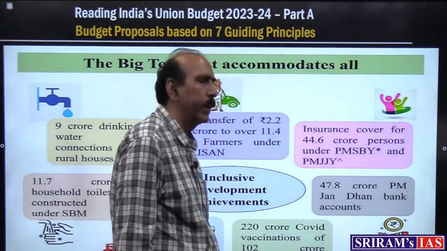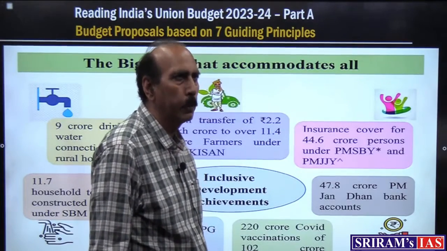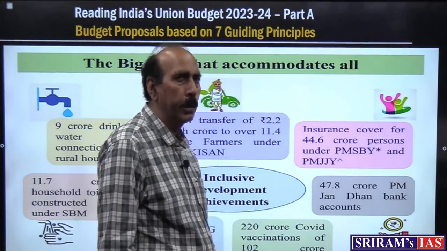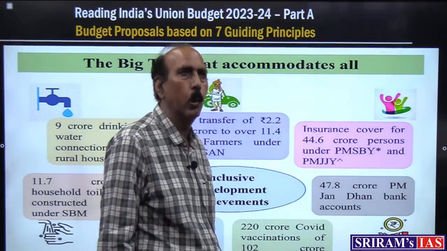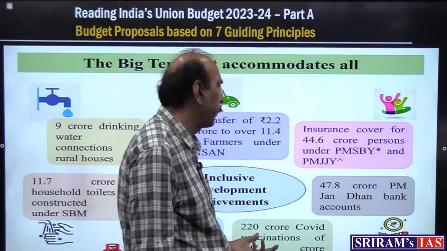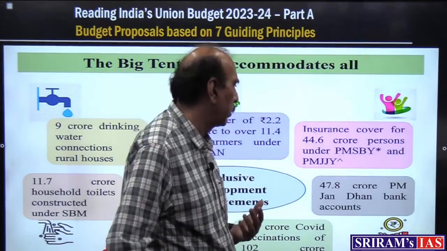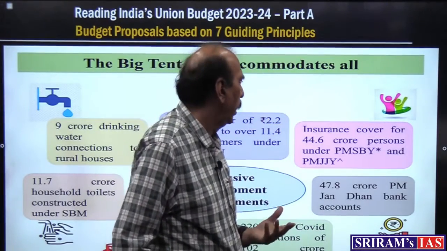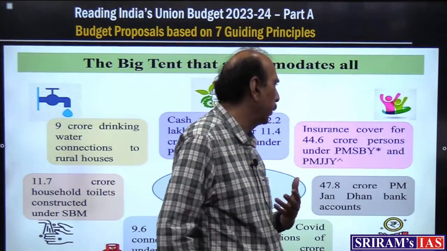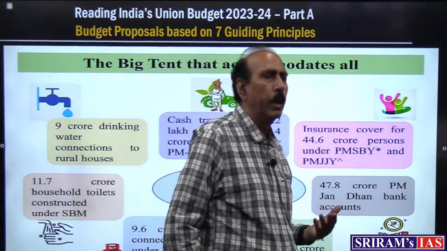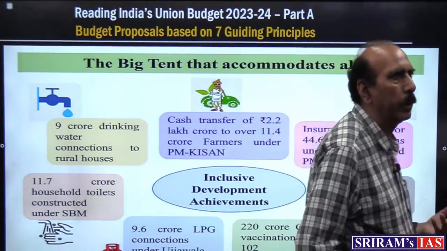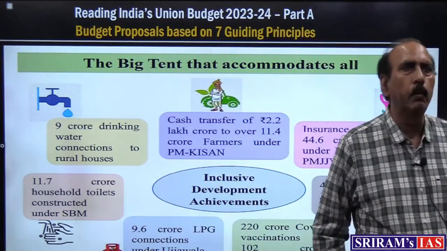220 crore COVID vaccinations have been done, which is an achievement recognized by the WHO also, an achievement of the Government of India. 47.8 crore PM Jan Dhan accounts have already been opened, and 44.6 crore persons were insured under various insurance schemes announced by the government.